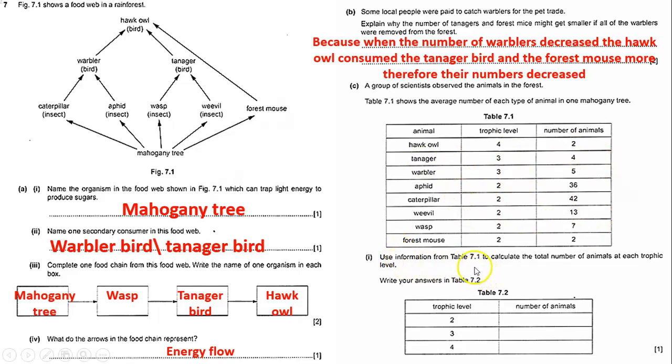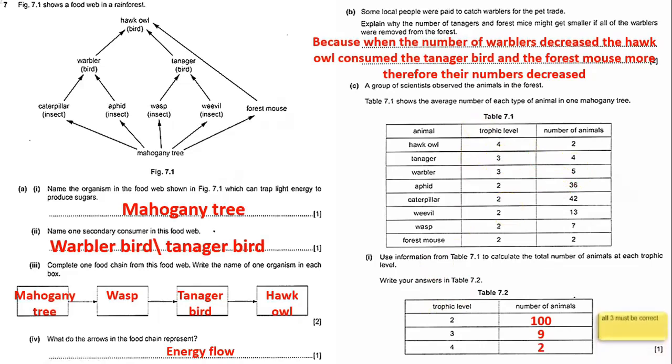Use the information from table 7.1 to calculate the total number of animals at each trophic level. So you're going to use the information here to fill this one. So trophic level 2. How many animals can you see in trophic level 2? 1, 2, 3, 4, 5. You will add their numbers together and you will get 100. Same with trophic level 3. They will be 9 and then 2.